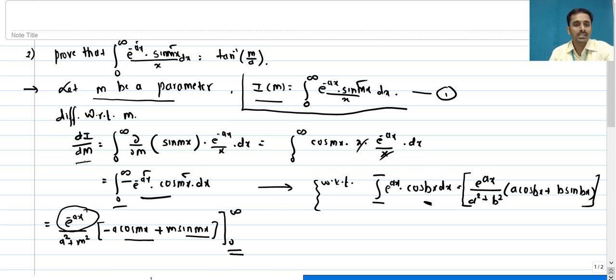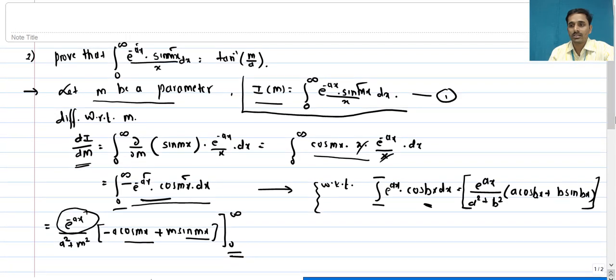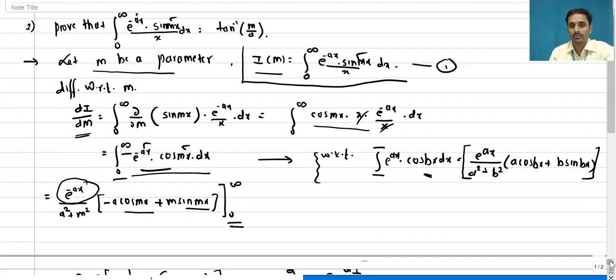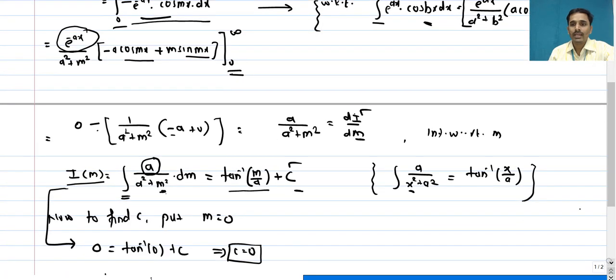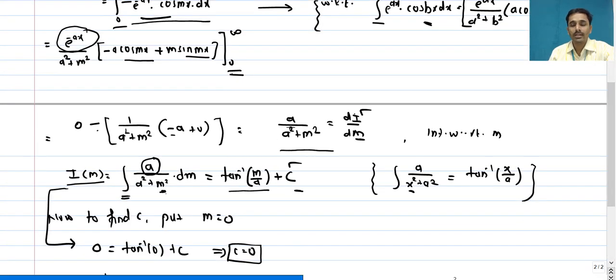Then differentiate with respect to the parameter, so we get the integrand simplified. Then the integral is solved with respect to x, whereas that parameter is constant. Then after integration is solved, we get the dI upon dm value. This derivative is with respect to m, that's why after integrating with respect to m, we get the corresponding value. Thank you.